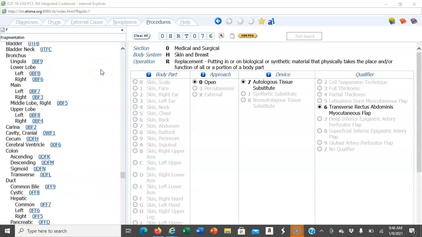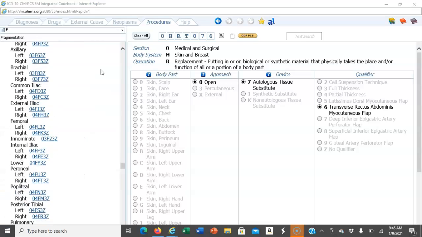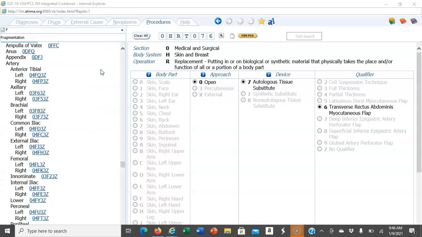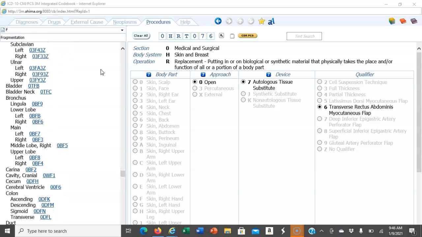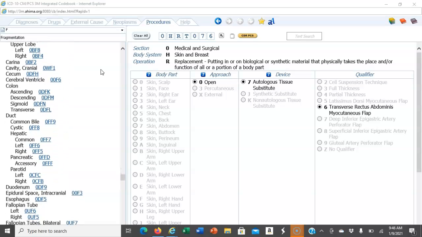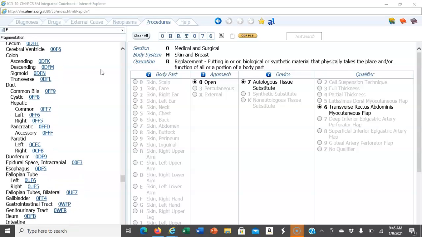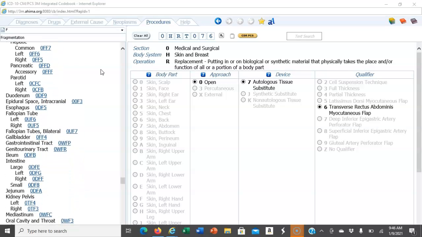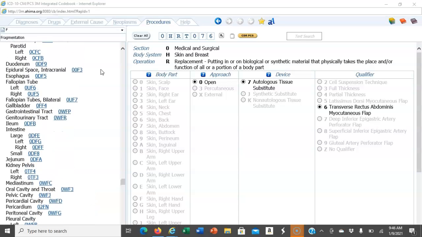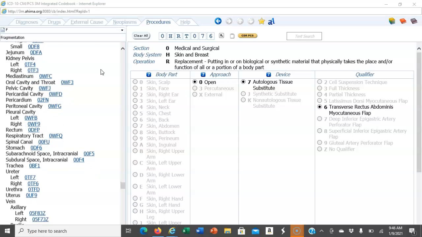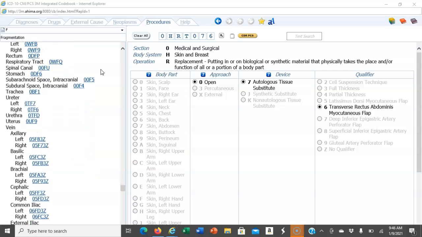And you can see by looking in this category of fragmentation that we do have bladder neck, common bile duct, and then there is kidney pelvis, and then we do have ureters.